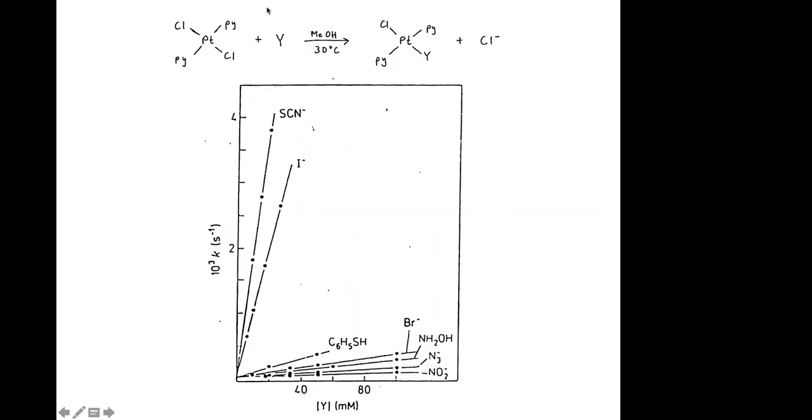And here you see simply an example of some data for one of these reactions. So here we're starting with platinum-2 with trans chloride and trans pyridine ligands. And in this plot, Y is used instead of E for the entering ligand. But the Y ligand will substitute for chloride.